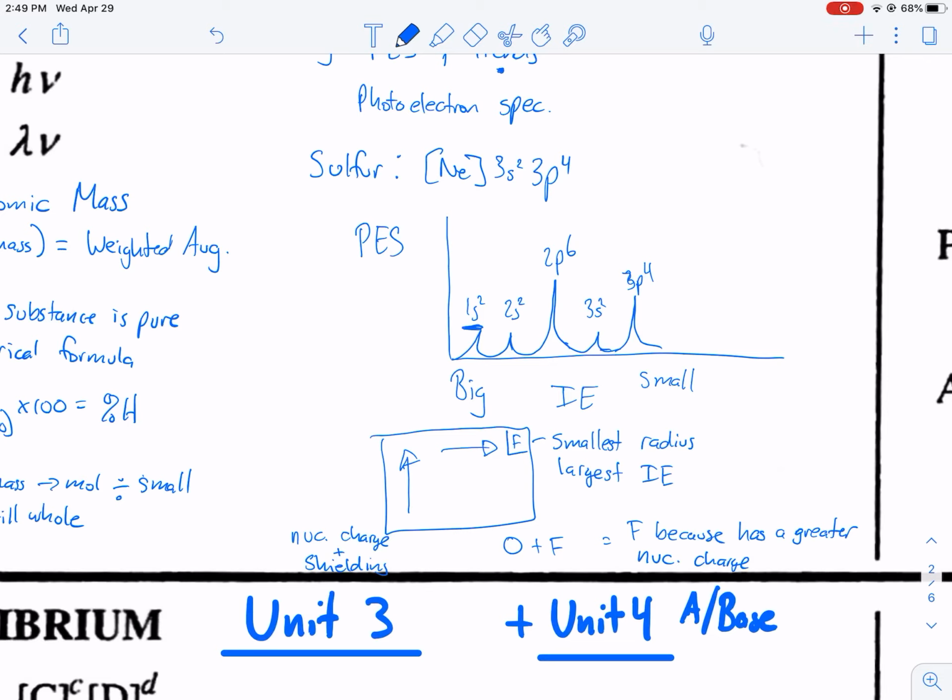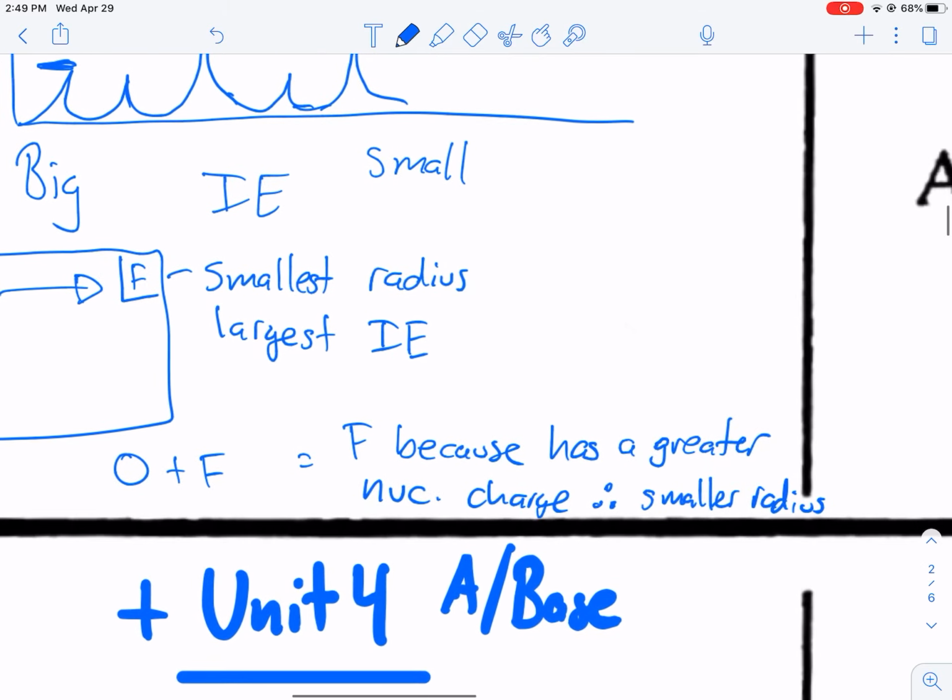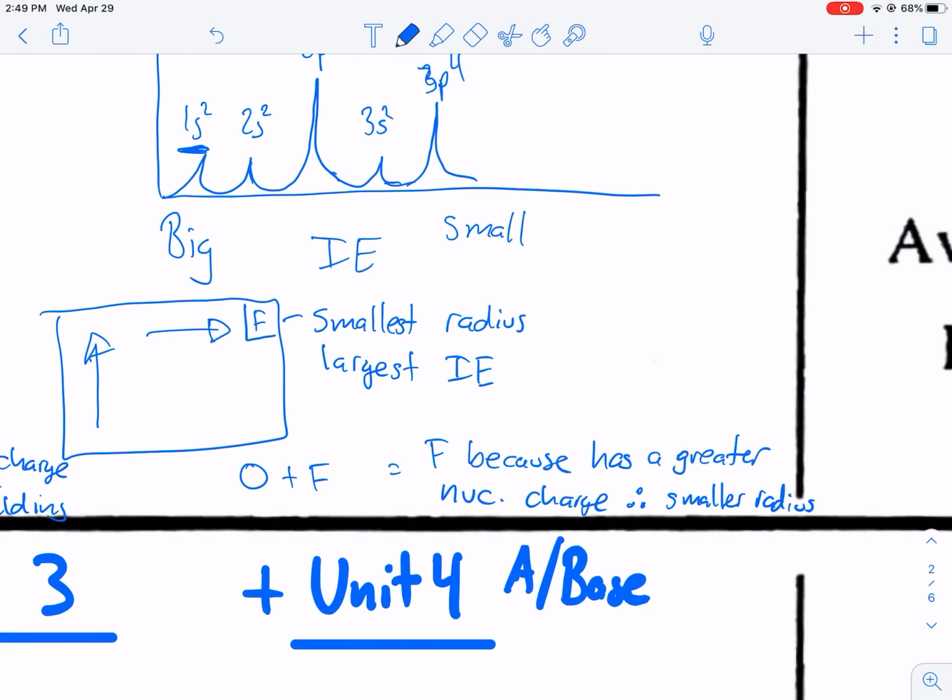So we would say, therefore, or let's use the little therefore sign, we'll say therefore, smaller radius. So therefore, we have a smaller radius on that nucleus. Now, if they said, why does F have a larger ionization energy?